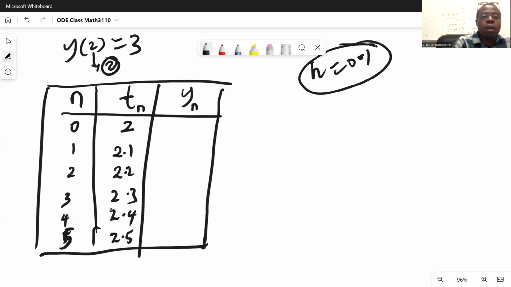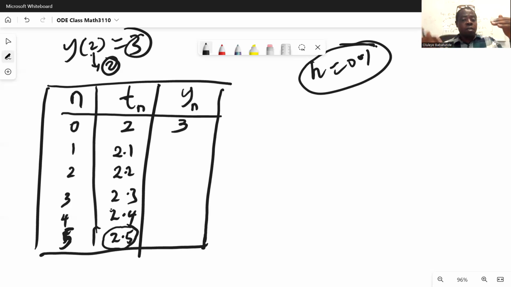Now, when t was 2, remember, y was 3. So you must have the first row known without any calculation. Now we want to fill up this place and calculate the value of y when t is 2.5. We started from 2 because h was 0.1, and we add 0.1 to the previous t to get a new t.